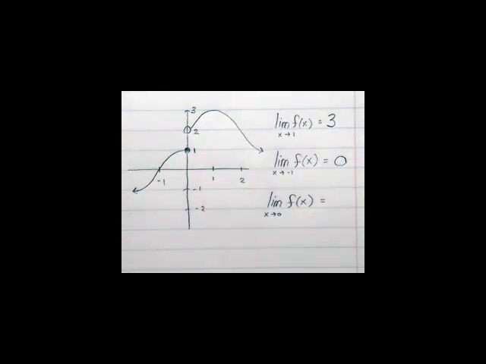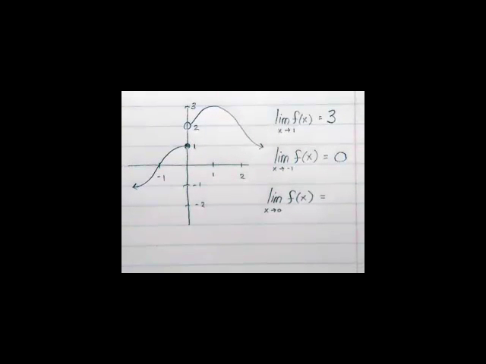Okay, what about that one? What's the limit as x approaches 0 of f of x? From the left, it's 1. What if I went from the right? That one, well, it doesn't actually get to 2, but it approaches it, right?